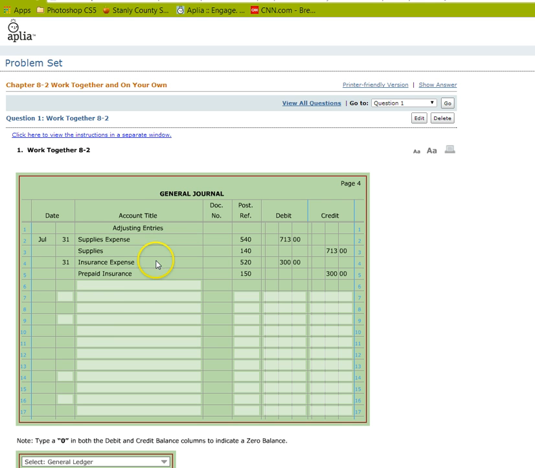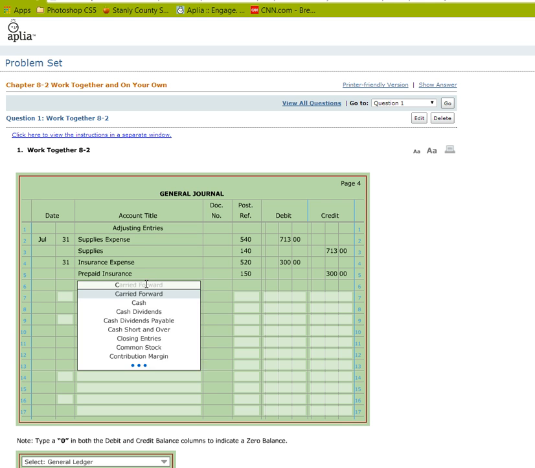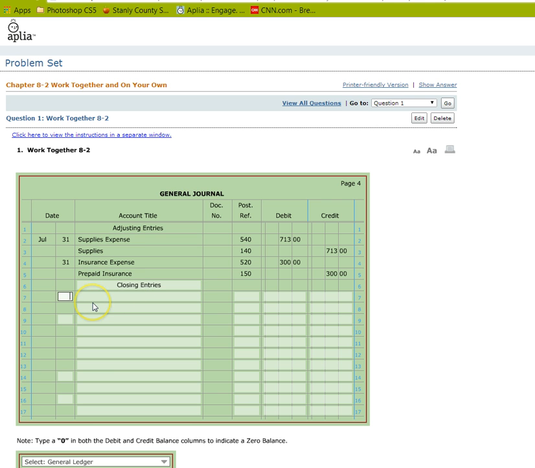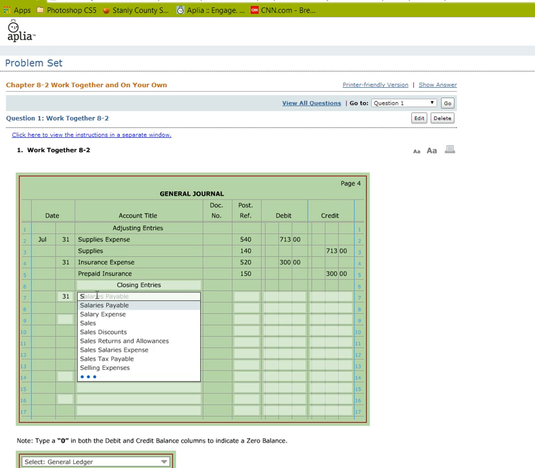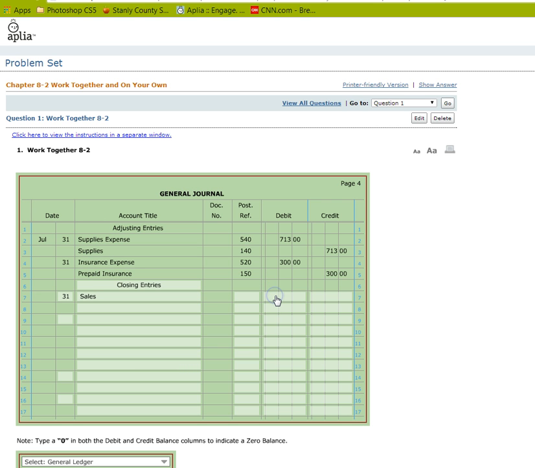Alright, this is what we did in Work Together 8-1. Now we're on the closing entries, so of course we're going to write closing entries. Our date is still July 31st. Now we're going to close sales. Sales has a credit balance. So to close sales, to bring it to zero, we have to debit. So sales is going to go first because we do debits first.